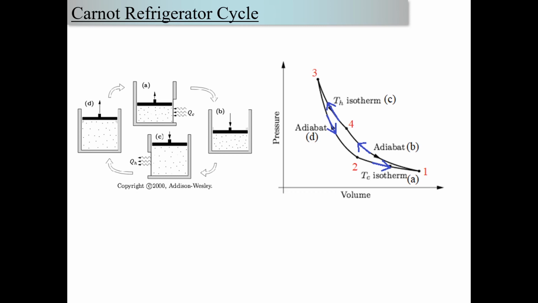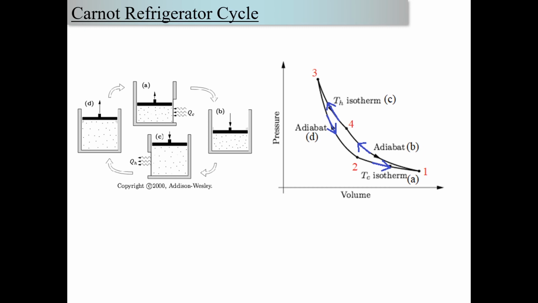This takes more work done on the system: we're using that work to compress the gas, which heats up the gas, and then that excess heat from the gas gets dumped into the hot reservoir to keep the gas at the same temperature. This is associated with diagram C on the left.